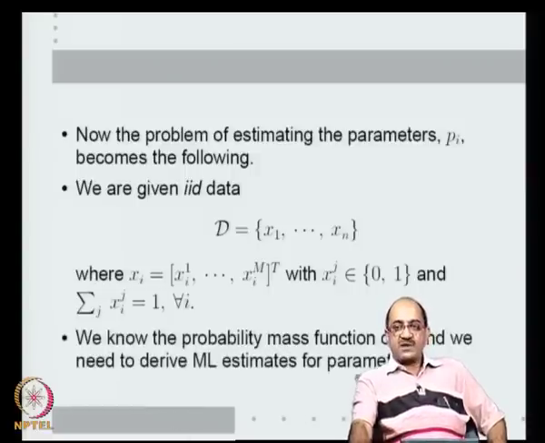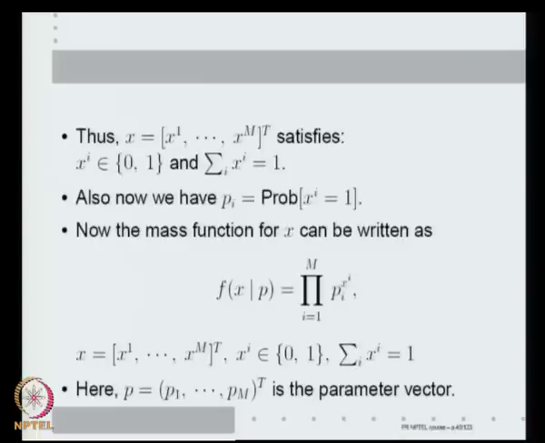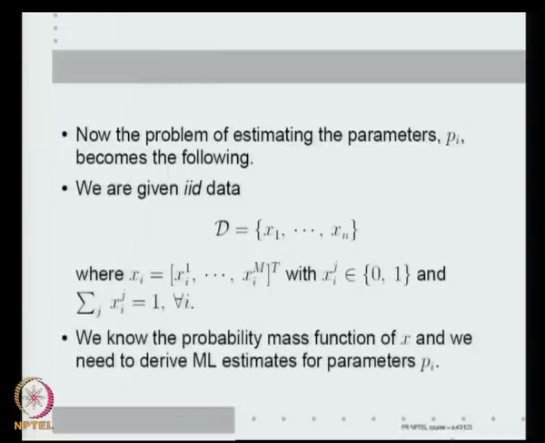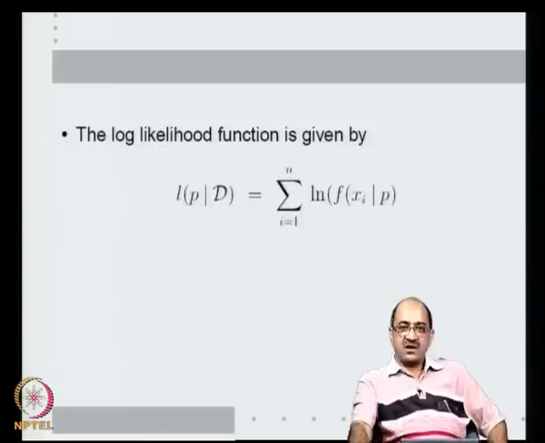We know the probability mass function of x, that is what we have written just now. This is the probability mass function of x, parameterized by the parameter p. So, given the probability mass function of x, we need to derive the ML estimates for the parameters p_i. So, what we have to do? Log likelihood function. So, what is my log likelihood function?